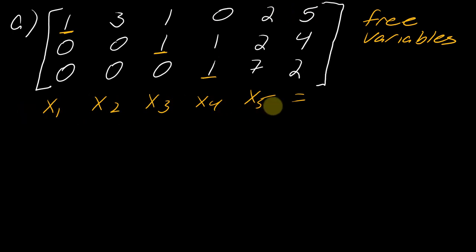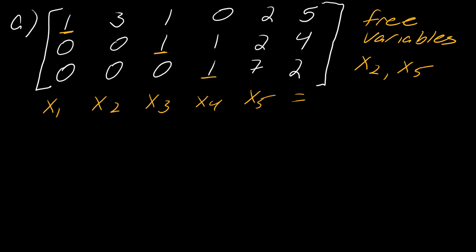Anytime you have a leading one, that will not be a free variable. Any column that does not have a leading one will be the free variable. Therefore, this x2 I know right away is my free variable, as is this x5, because this column and this column all have leading ones.